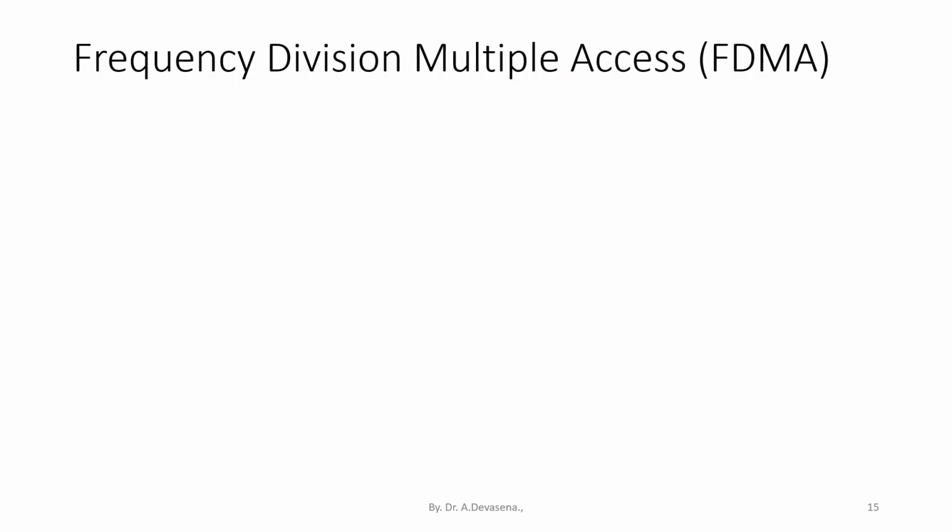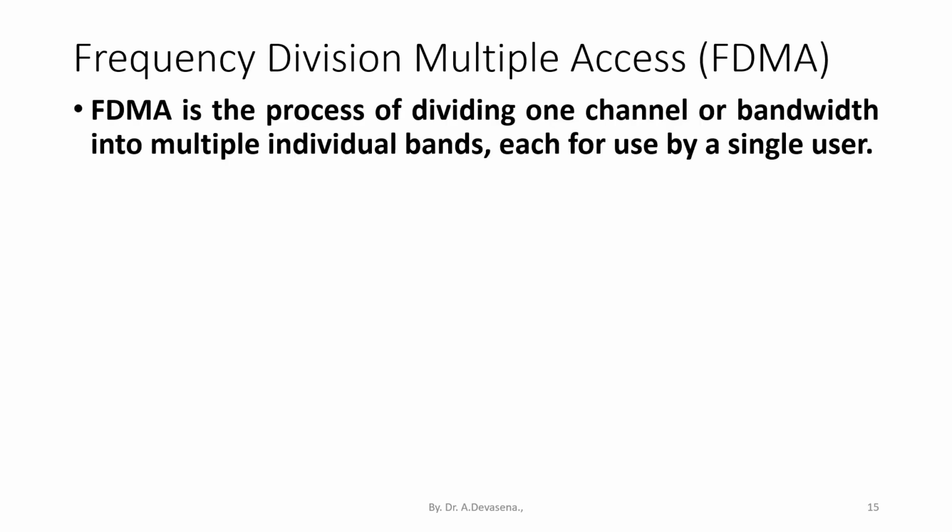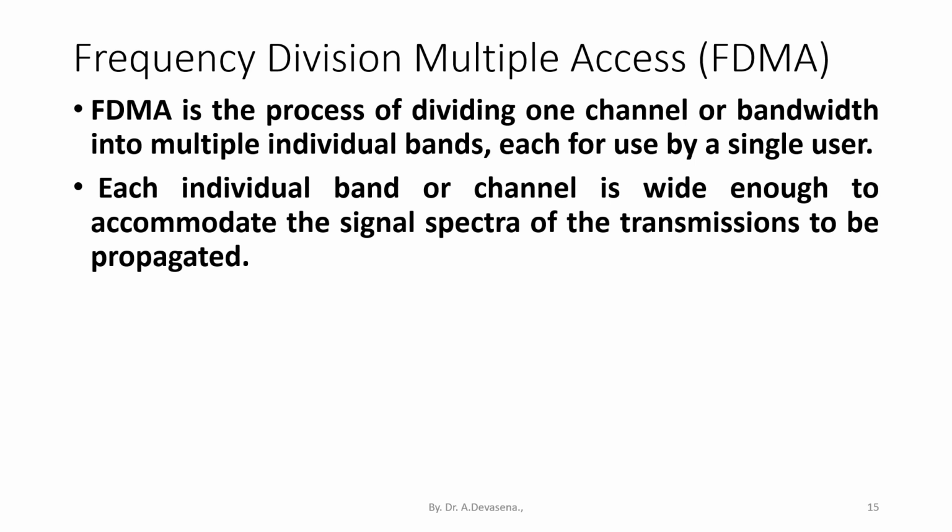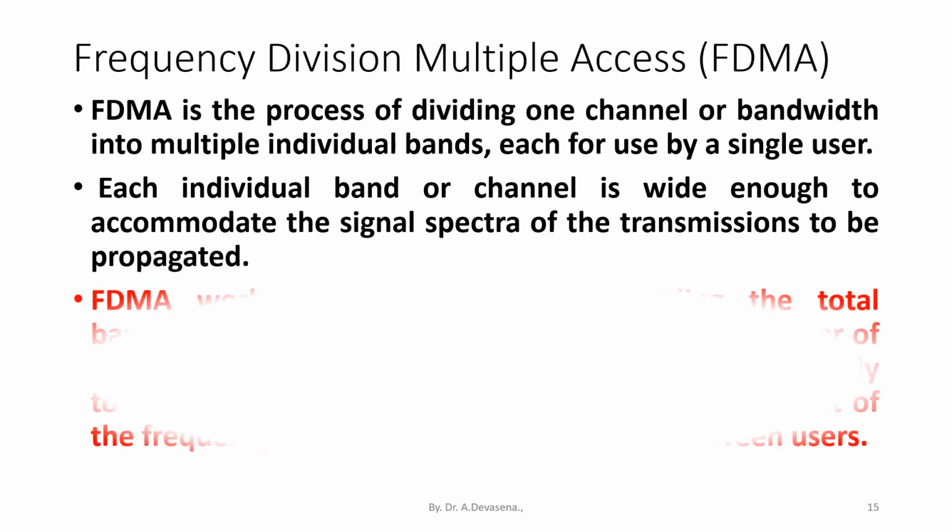Let us discuss frequency division multiple access, that is FDMA. FDMA is the process of dividing one channel or bandwidth into multiple individual bands, each for use by a single user. Each individual band or channel is wide enough to accommodate the signal spectra of the transmissions to be propagated.